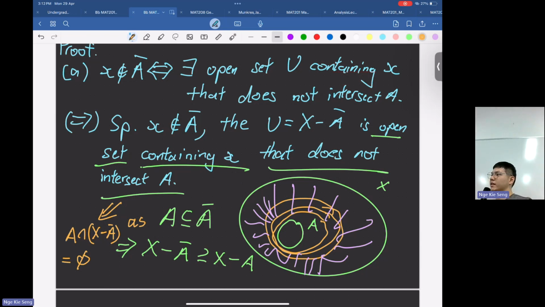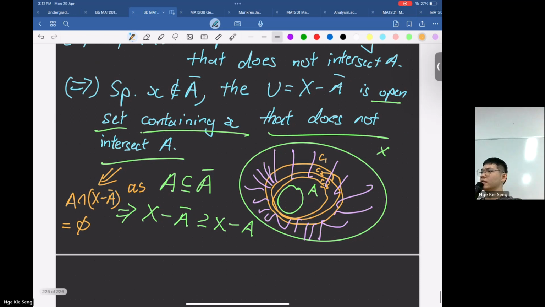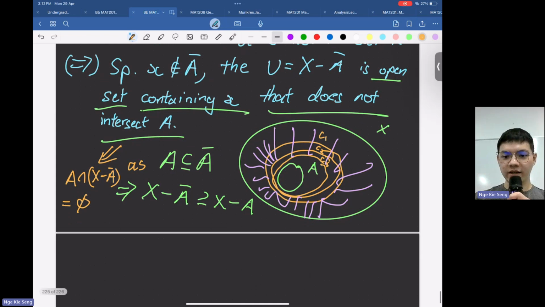You already take out everything in A bar, but A is in A bar. You take out a bigger thing, so the smaller thing should disappear, be taken away. Nothing tricky.